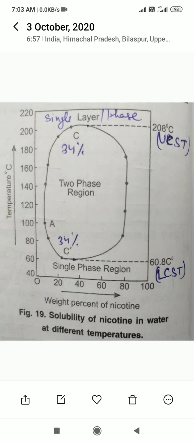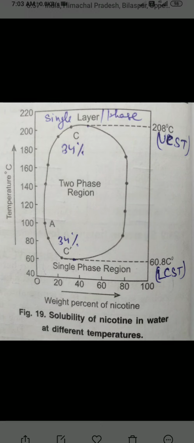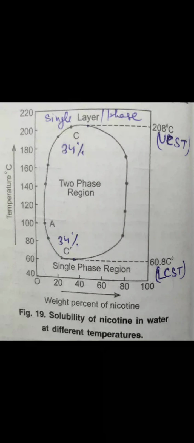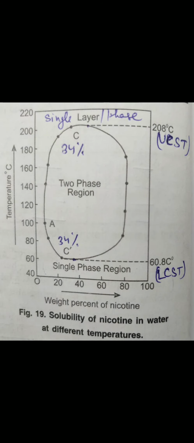So for nicotine water system, at room temperature they exist in two forms, or in the form of two layers. One is of nicotine in water and second one is of water in nicotine. But as I increase the temperature, two layers become completely miscible at 208 degrees centigrade. So you can see the upper critical solution temperature for nicotine water system is 208 degrees centigrade, and critical composition corresponding to this temperature is 34%.